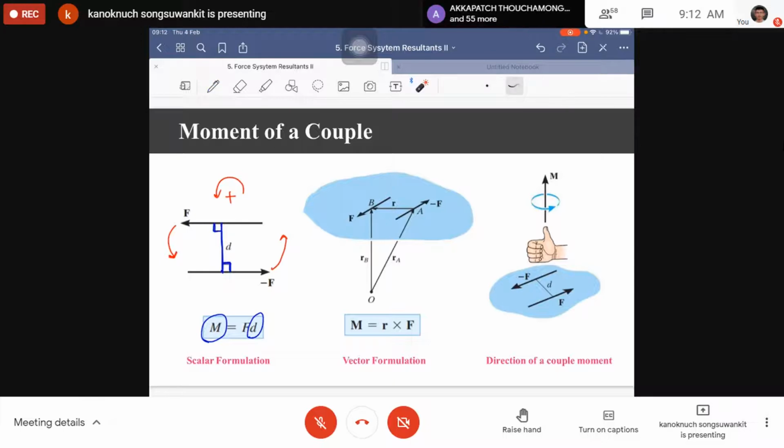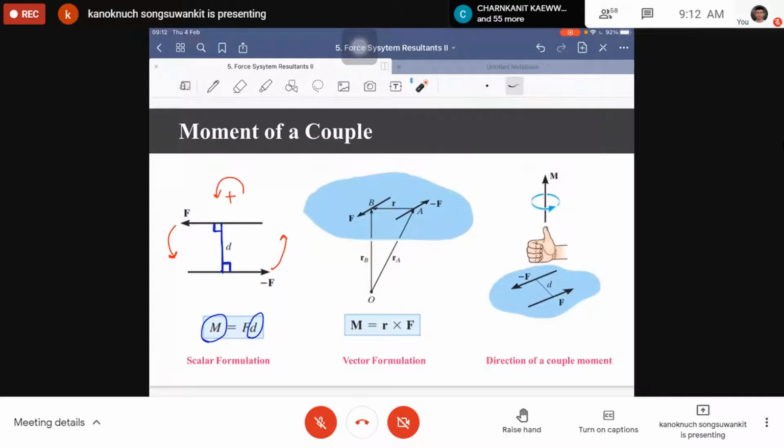However, in a 3D system, it is difficult to determine the perpendicular distance between the couple, right? Because you have to differentiate the x, y, z axes, which is quite difficult when measuring the direction. So we use the position vector to define the distance. Let's see this system.